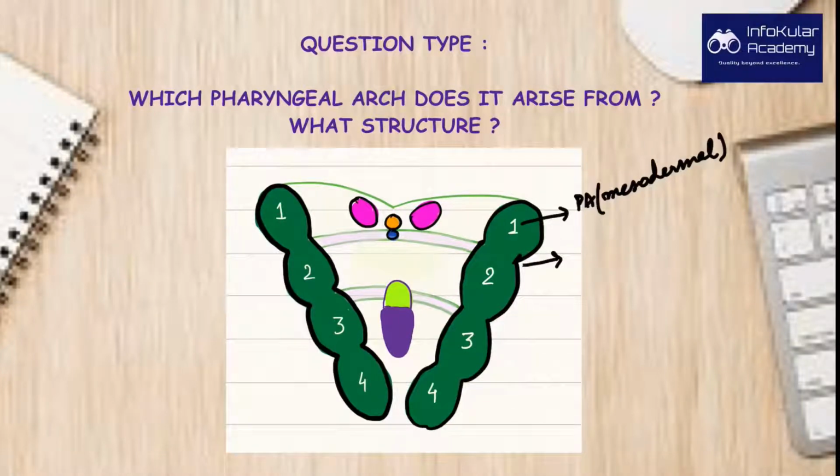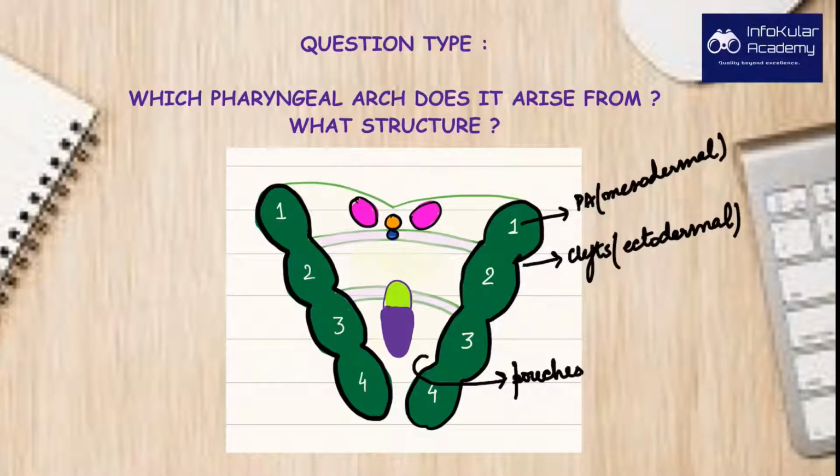Similarly, जो depression है, which is on the external side, is called pharyngeal clefts. And they give rise to ectodermal structures. The depressions on the inner aspect are called pouches, and pharyngeal pouches give rise to endodermal structures.